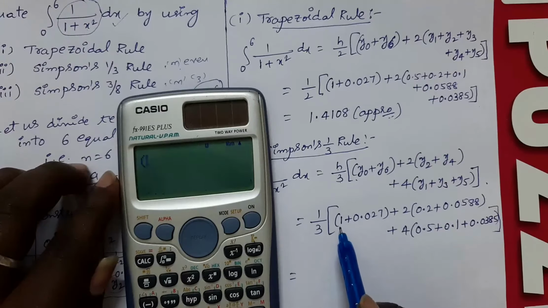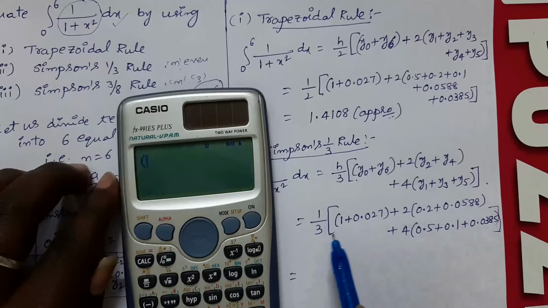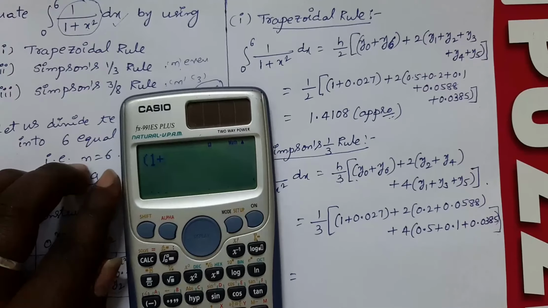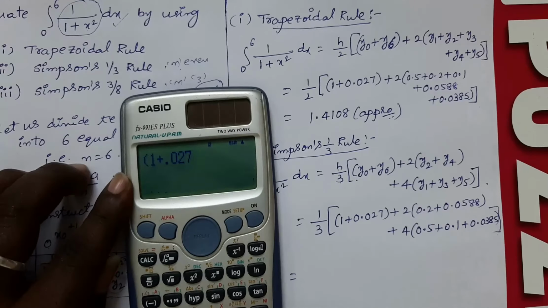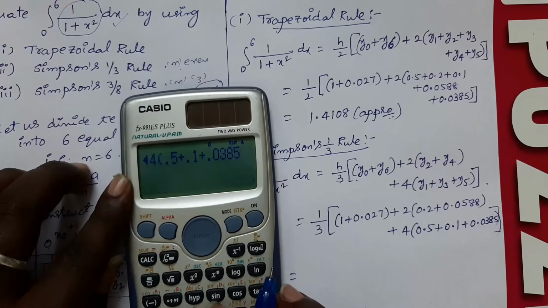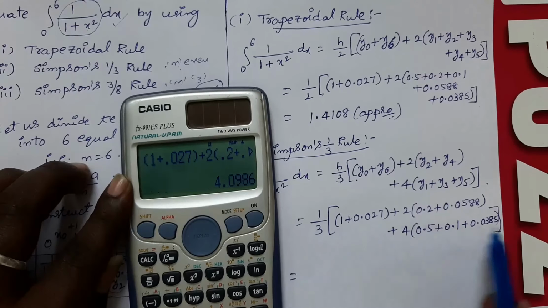First operate the terms which are inside the square bracket: 1 plus 0.027, close the bracket, plus 2 times of 0.2 plus 0.0588, close the bracket, plus 4 times of 0.5 plus 0.1 plus 0.0385 is equal to, and you have to divide the entire value by 3.